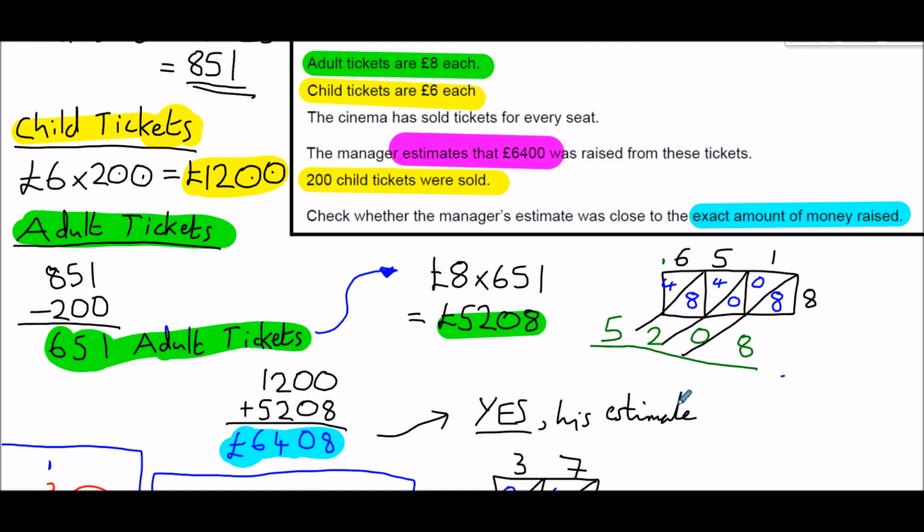So I'm just going to put his estimate of 6,400 was close, and that should do. A big 6-mark beast finished off.